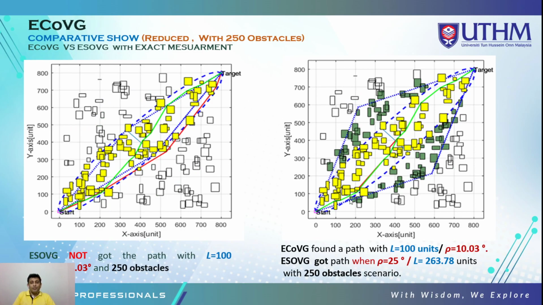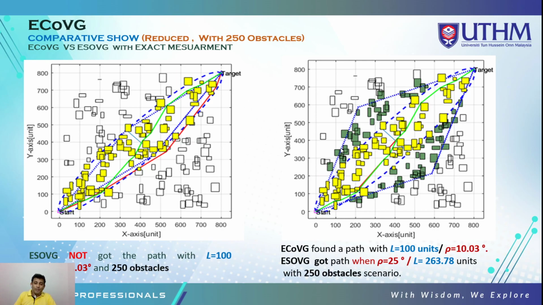Same, I reduce the obstacles now to 250. So you can see EQVG got the path, because it could get the path with 300 obstacles. So 250 obstacles is nothing for EQVG, but for ESOBG, you can see it does not get the path with 10.03. EQVG we can get, but ESOBG cannot.